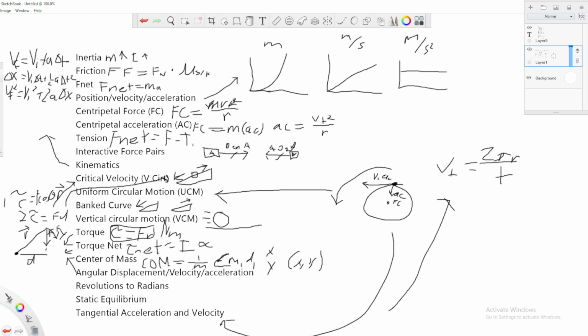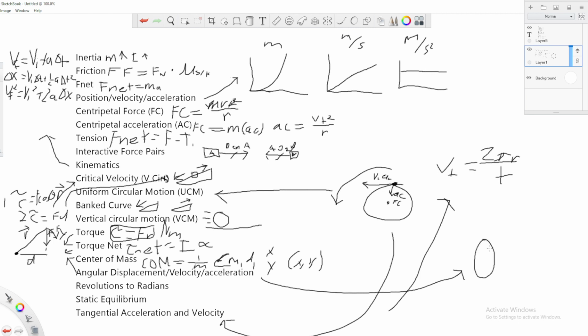Another example I like to do for torque is for angular displacement, velocity. I'll do it right over here. So many arrows. So you get a circle here. Let's make that big. Actually, let's do it over here.